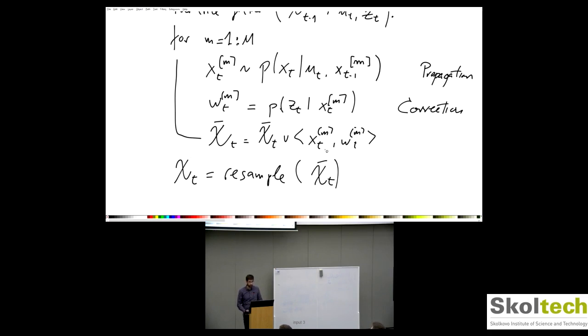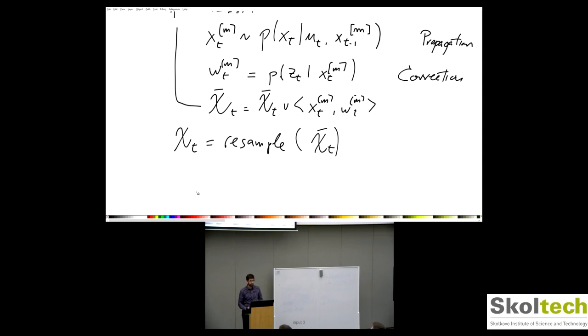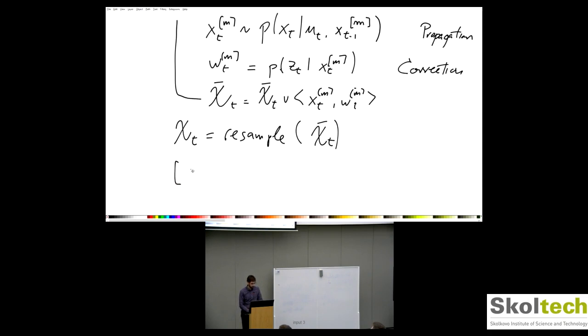Everything is correct, but it doesn't work. And it was not until '93, and I think you have this paper in the readings on Canvas, a paper from Gordon discussing state estimation with particle sets, that the importance of resampling was emphasized. I'm going to explain a couple of strategies today, but remember, the math until here works. This is totally correct. You will have a posterior that is exactly what you are looking for, propagation and correction, but it doesn't work in practice because, yeah.